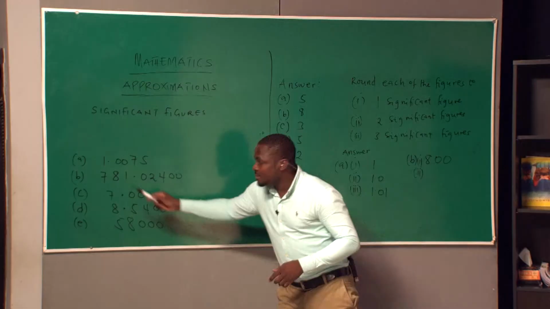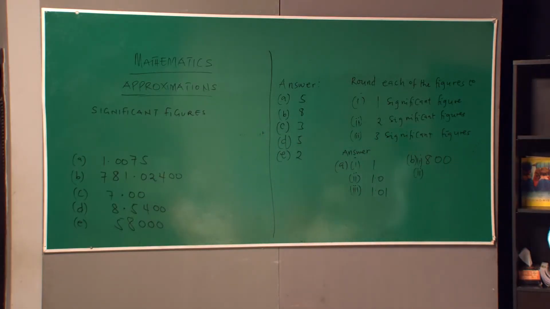You said 800.0? No, you are here. To two significant figures. So what do you do?